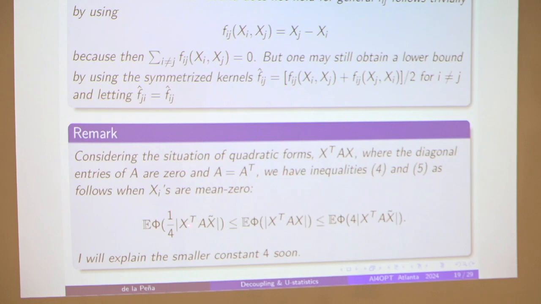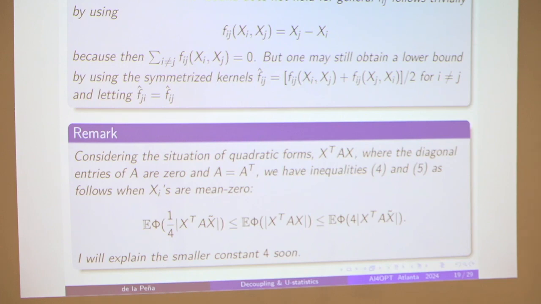He proves it. So x is a sequence of IID mean zero variables, and he gets that the expected value of the sum of a_ij xi xj is bounded by the expected value of the sum of a_ij xi xj tilde. So he's using that inequality.